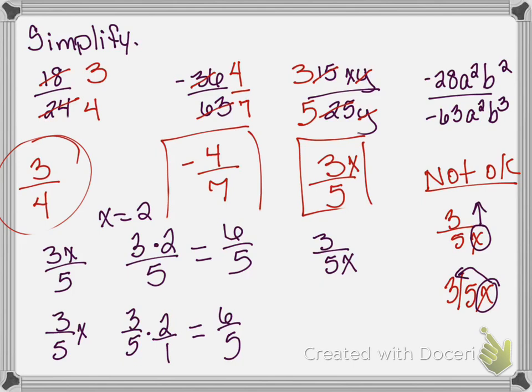When I plug 2 into that, what do I get? 3 over 10. Is that the same thing? No. So that's why you've got to be careful, because putting the x in the numerator and putting the x in the denominator are not the same thing.